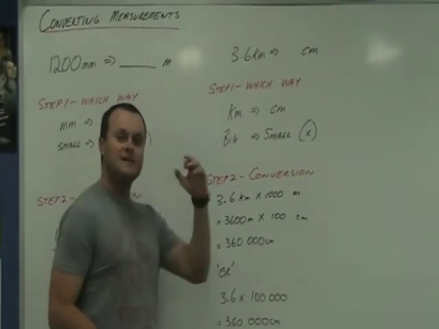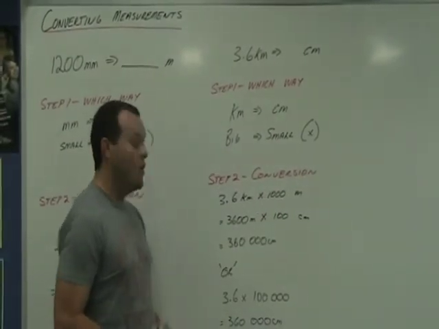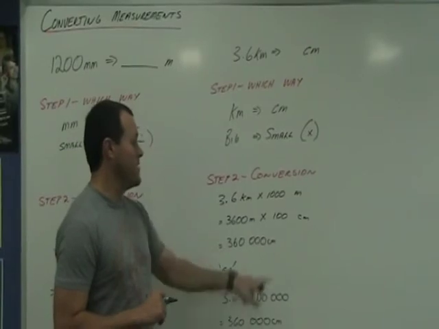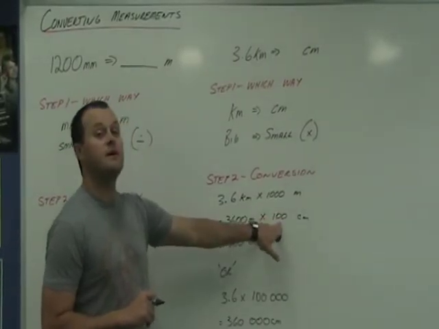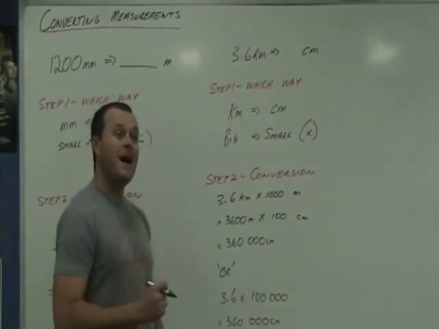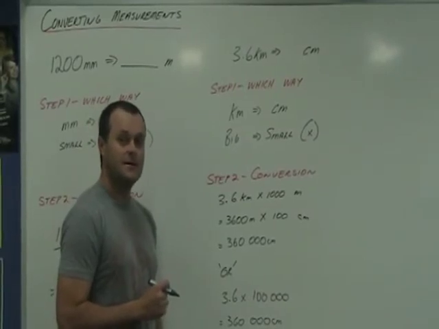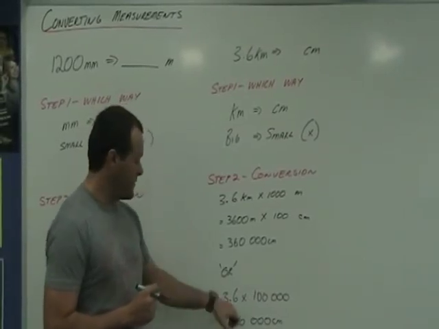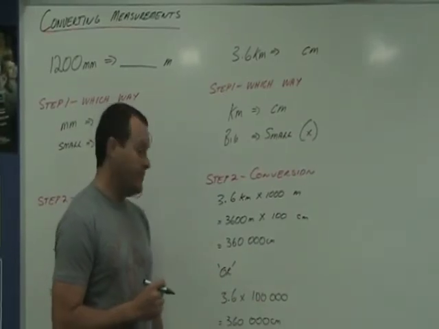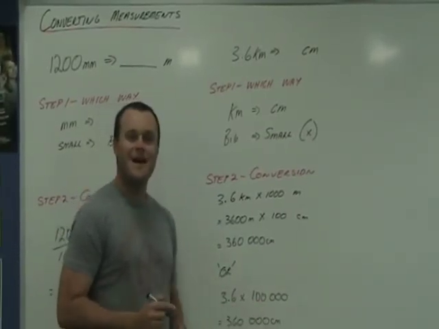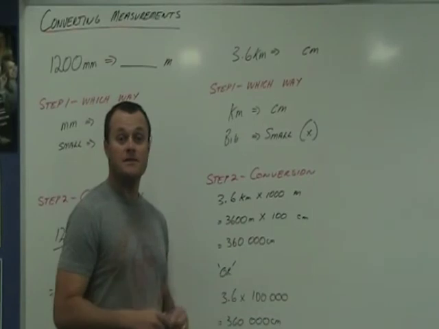Makes it a little bit easier for me to see the connections. Or you could say, if it's times by 1,000 and times by 100, that means there are 100,000 centimetres in a kilometre. So 3.6 times 100,000 will give me the exact same answer. Either way is perfectly fine.